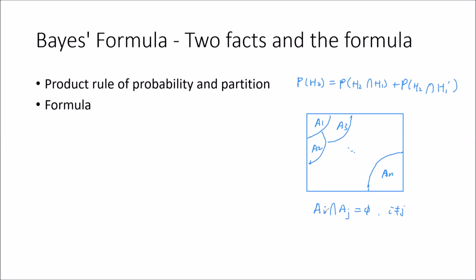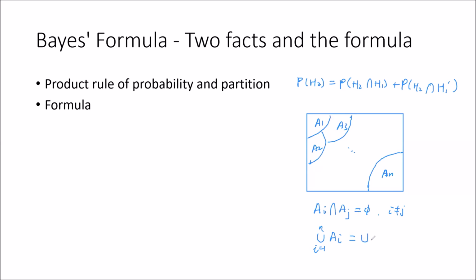This is the first property, that they are mutually exclusive, actually pairwise disjoint. The second property is the union of all these Ai, i from 1 to n, is the total set, the universal set.